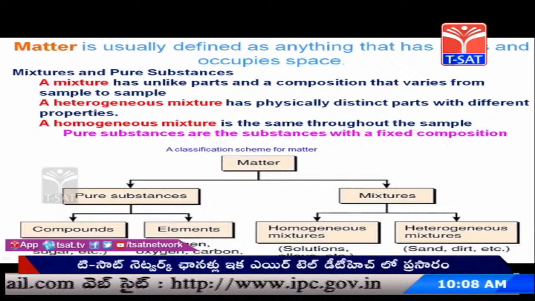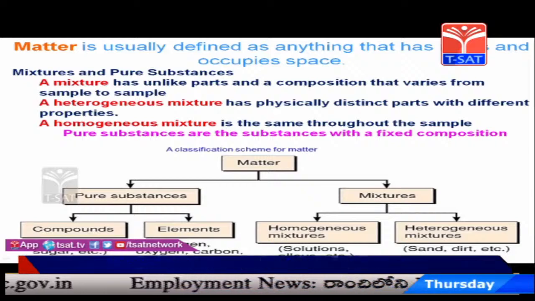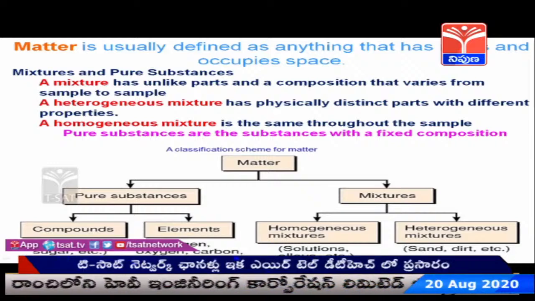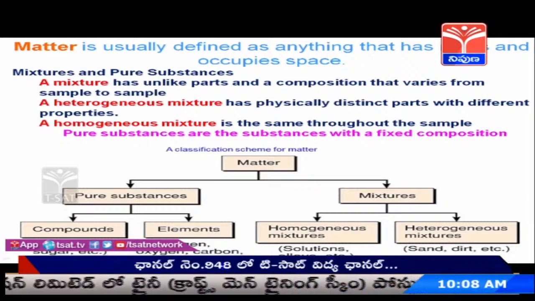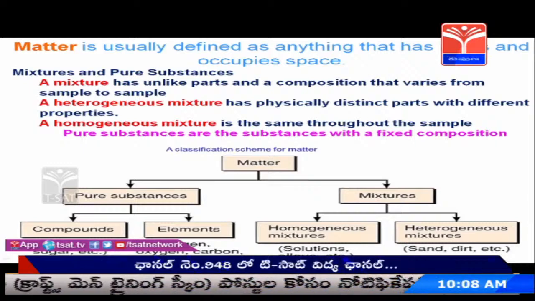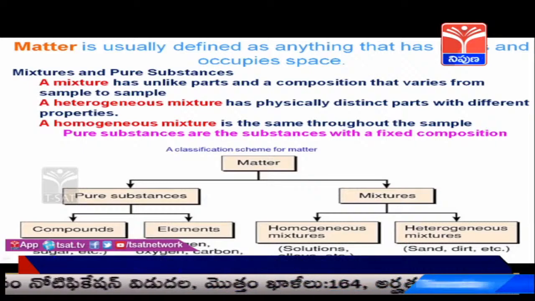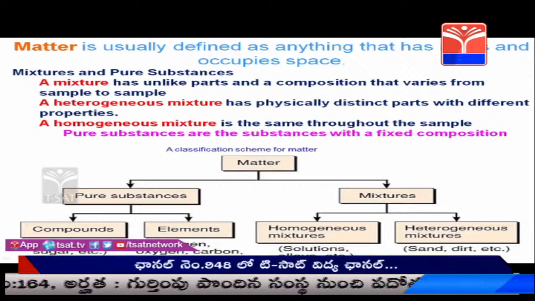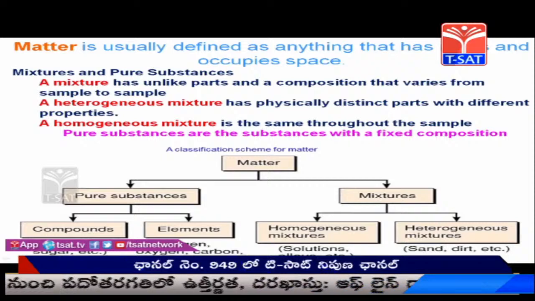The remaining substances are called mixtures. Again, mixtures means homogeneous and heterogeneous mixtures. Homogeneous mixtures are mostly the solutions. Almost all solutions and alloys are treated as homogeneous mixtures.